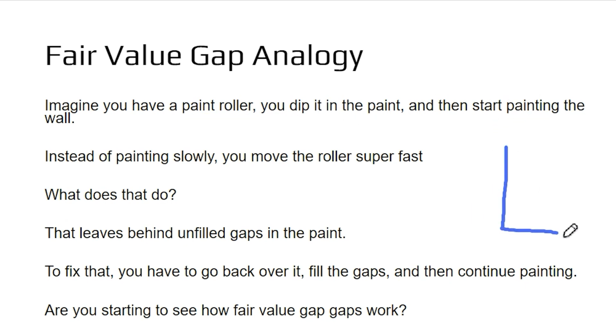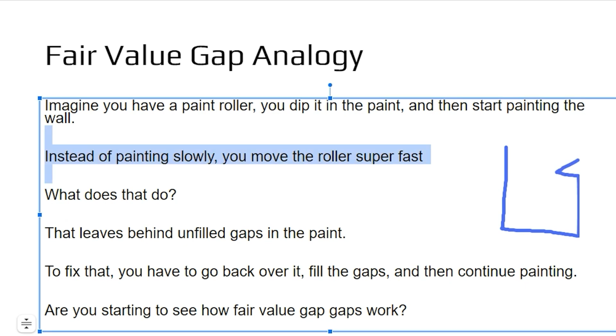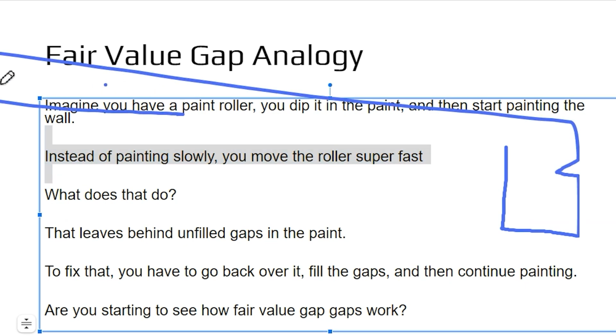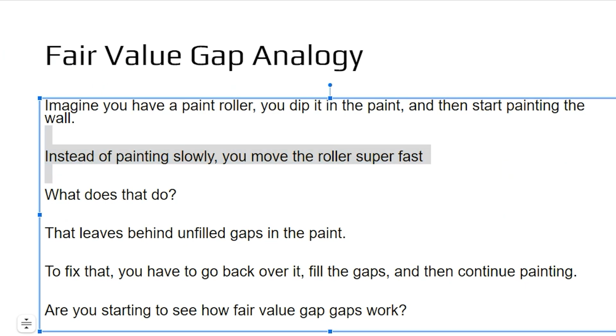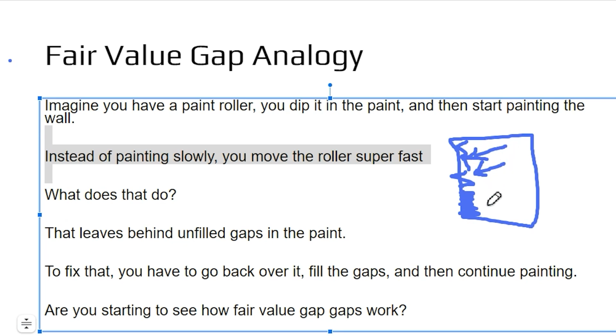So let's just say you have a wall here. Well, my drawing went a little crazy there. But let's assume you have a wall. And in that wall, you start slowly painting. You're slowly painting it. And then, out of nowhere, you move the paint roller super fast higher. Right? That's going to leave blotches and gaps in between where the paint should be.